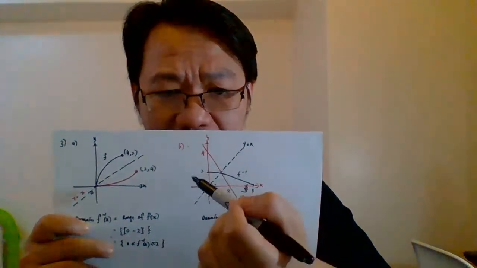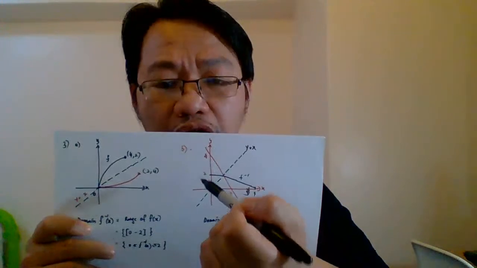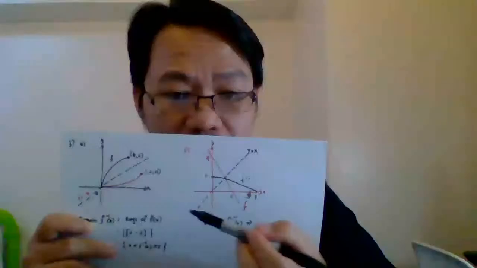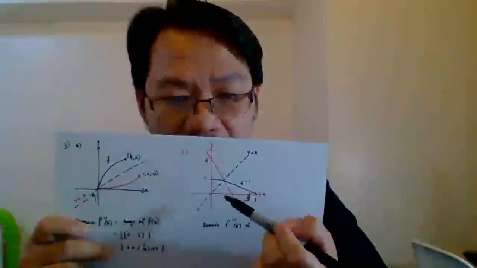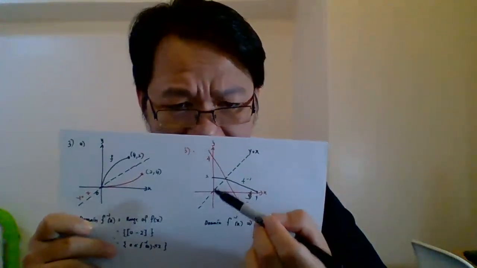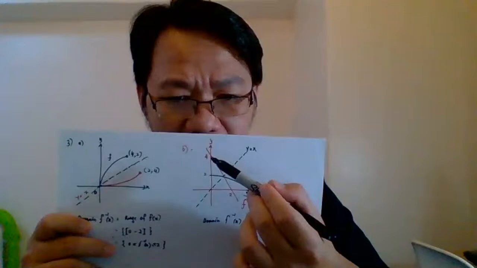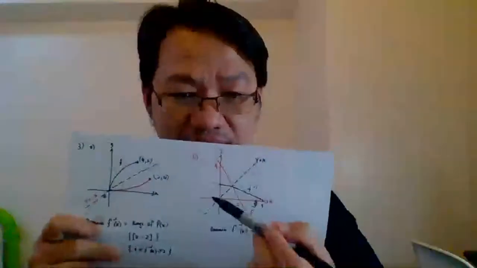The range of f(x) you must refer to the coordinate y of the function. The lowest value here is 0. The highest value is 4. So the domain of f inverse is from 0 until 4.